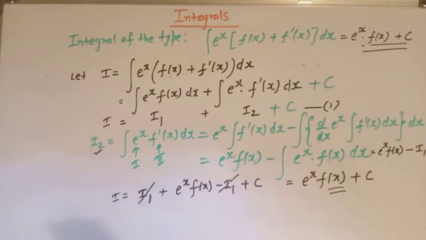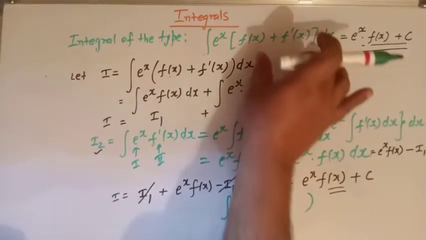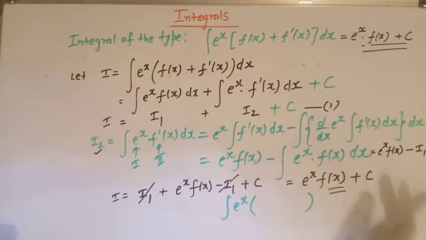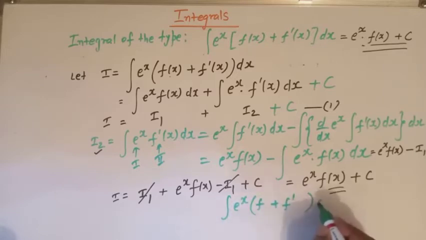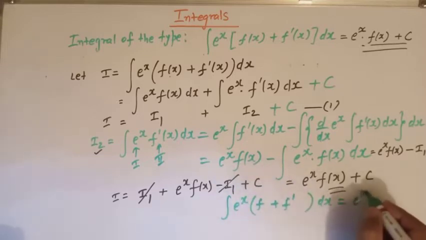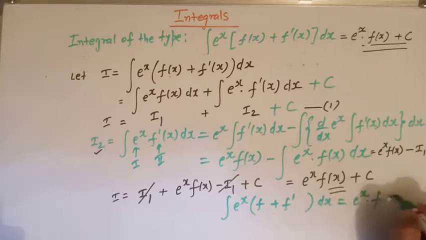So whenever we have an integral of this type, e raised to x, and we have here the sum of two functions such that one function is the derivative of the other function, that is, here we have the function f and the other function is its derivative, then the integral of this function can directly be written as e raised to x times f plus c. Clear?